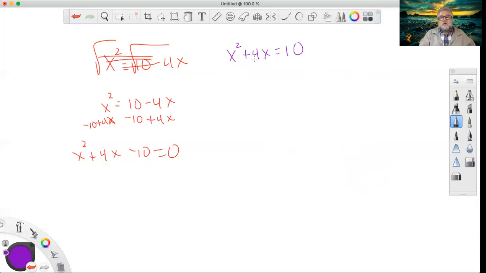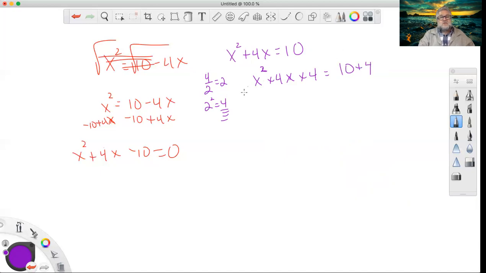Step two, take this number, divide it by 2, and then square it. And that's what we add to both sides. So we'll add a 4 here, and we'll add a 4 here.